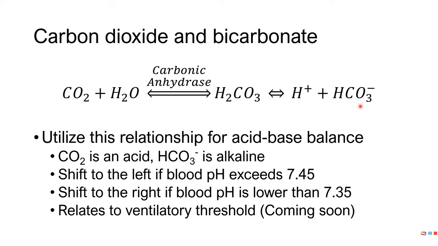So if my arterial pH exceeds 7.45, meaning I'm alkaline, I'm going to shift it to the left to create CO2, which is in essence an acid. However, if I'm acidic, I have a pH lower than 7.35, I'm going to shift this equation to the right to get rid of CO2 and form bicarbonate. And this relates to something called the ventilatory threshold, which ties in pretty closely to the lactate threshold. We start hyperventilating during intense exercise because we become acidic.